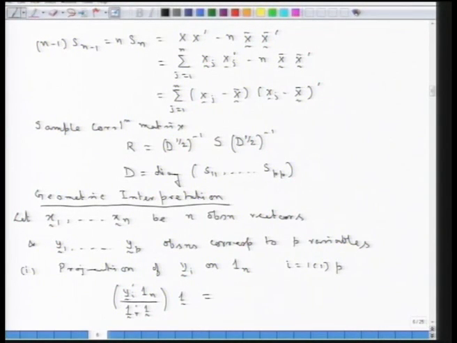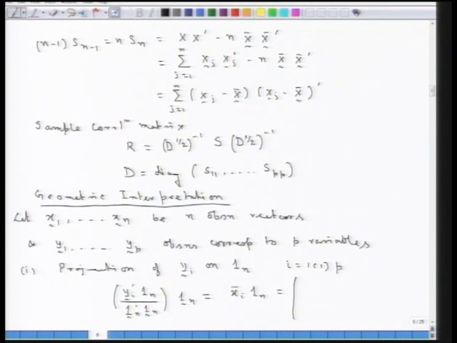I just dropped this In from all these places. Later on, without loss of any generality, we will just drop this particular In index. We will say that it is a vector which is holding ones, and it is of that particular dimension conforming to the other vector. So this is just the sum of all these observations, and this is going to give us n. So what we will be having is xi bar times In.